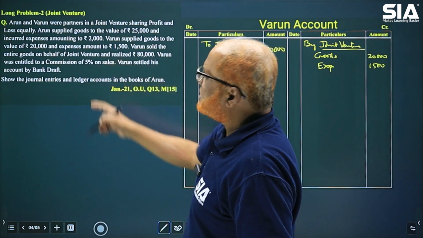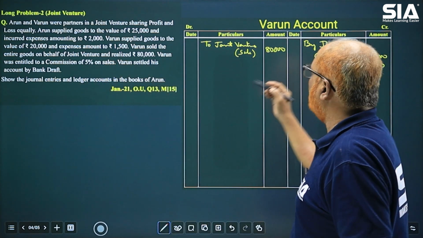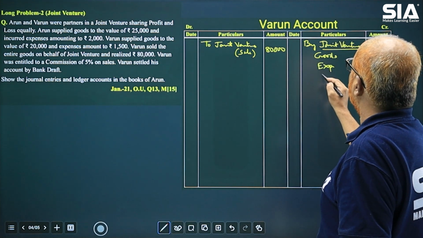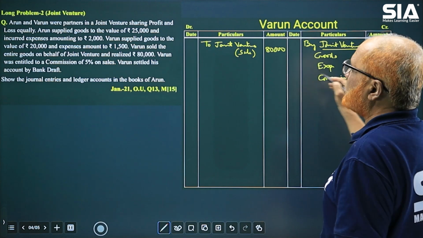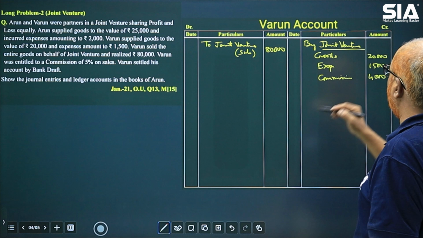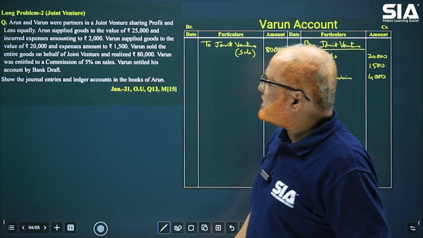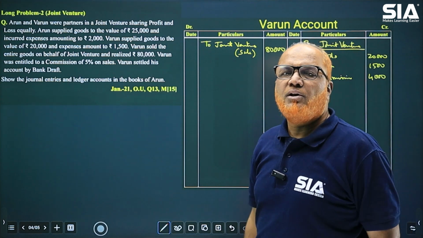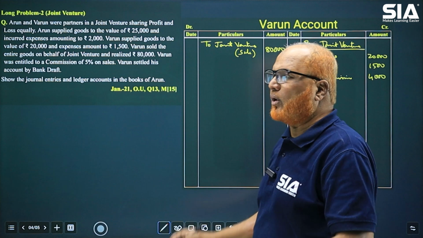Now Varun is entitled to a commission. Joint venture account debit to Varun. So Varun account is credited, commission. How much commission? 4,000, 5% of 80,000. Then Varun is entitled to commission and Varun settled the account. For profit, the entry was joint venture account debit to Varun account.